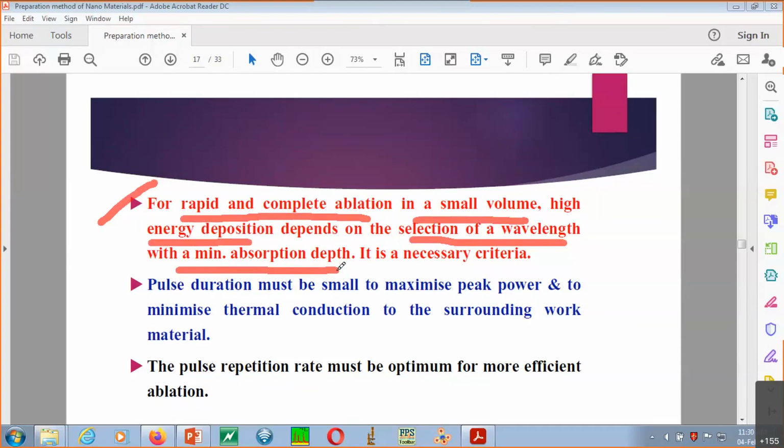There is a curve which tells you how much energy can be absorbed corresponding to that wavelength. So if you want to do a rapid and complete process in a very small volume, then high energy depends on the selection of the wavelength. You have to select a wavelength for which this absorption is minimum.